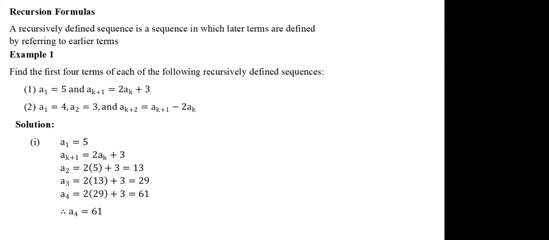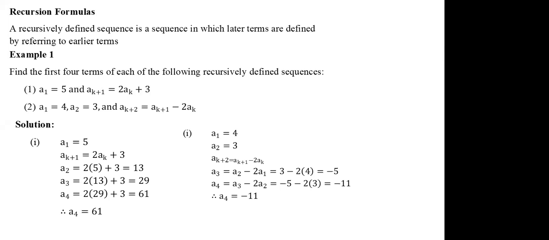What is A3? -5 minus 2 times A2, which is what? 6. -5 minus 6 will give me what? -11. The A4 is what? -11. Let's look at the answer. Do you see the answer there? Do you see the answer? Yes, sir. Do you now understand it?